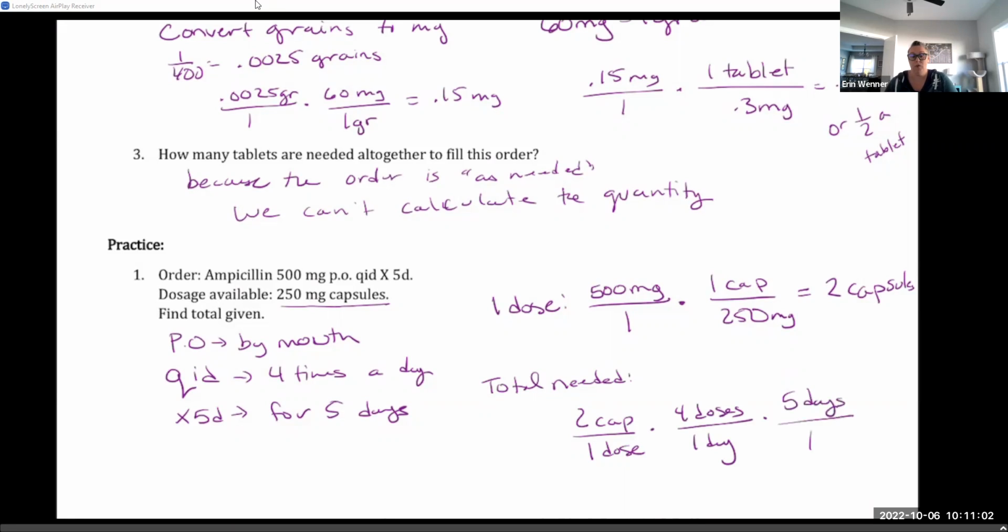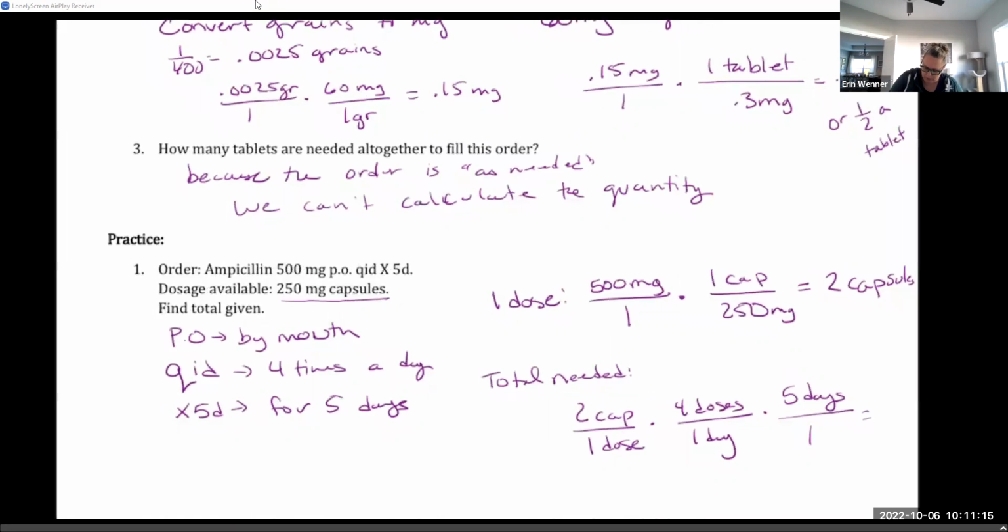And I'm just writing it over 1 so that I can multiply those fractions all the way across, all across the numerator, all across the denominator. So 2 times 4 is going to be 8, and 8 times 5 is going to be 40. So we're going to need 40 capsules for this full prescription.